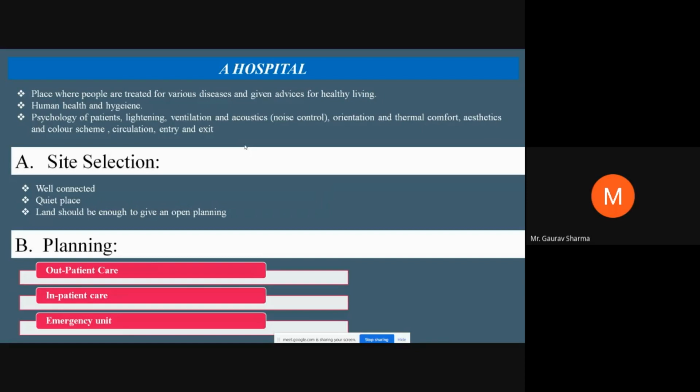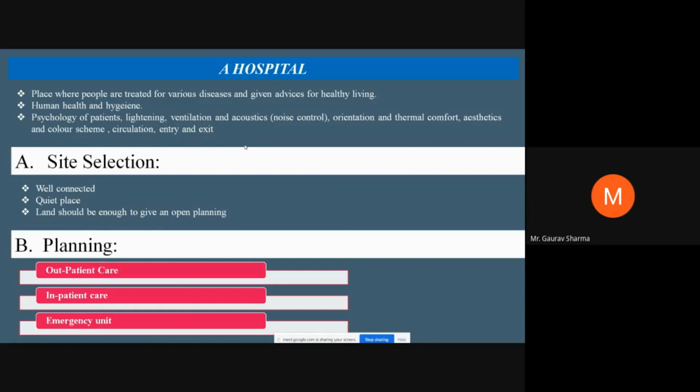But there are some special types of hospital buildings that are required to be separated from the cities, especially those prone to spreading infections to other citizens.